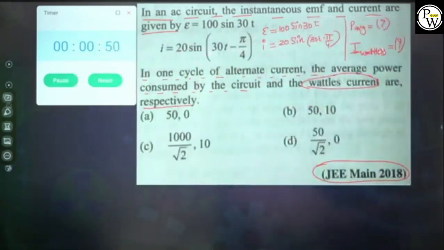I'm moving aside. Less than half a minute is remaining. Come on, everyone.